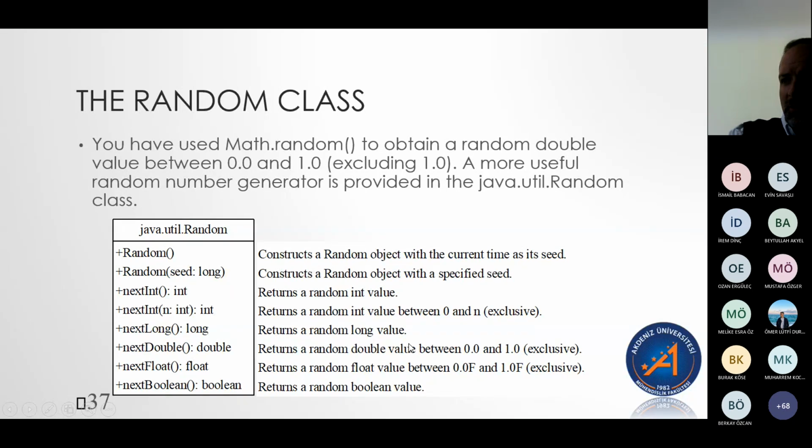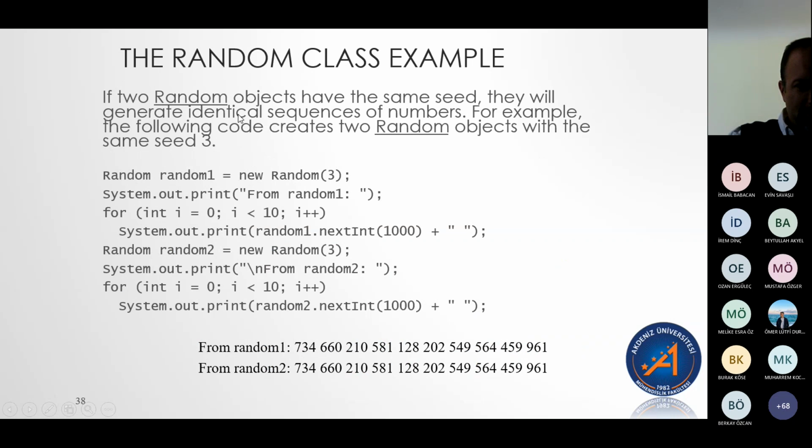This nextDouble, right, is the same as Math.random. So we used Math.random before, but the Random class is also an option that you can use. Hopefully you guys realize that this is a lot easier than the way that we figured out a random number between 0 and n.